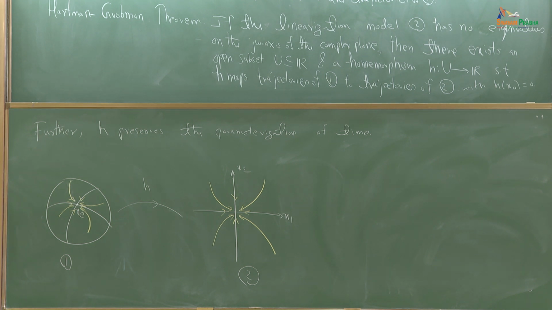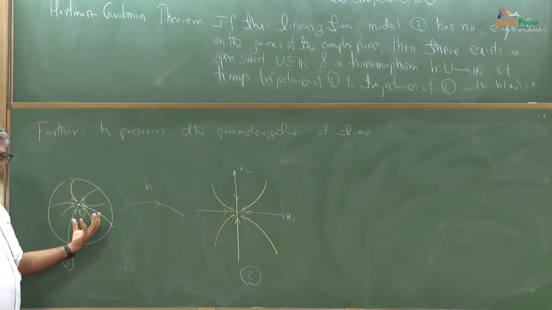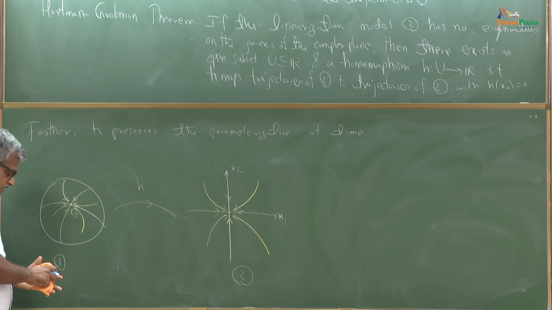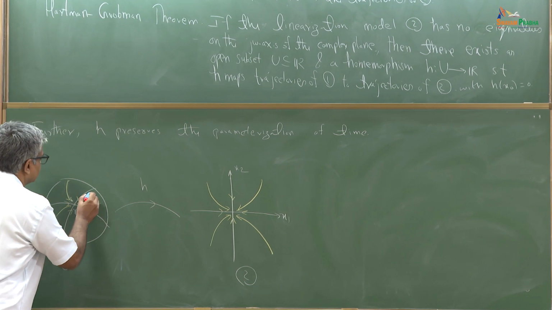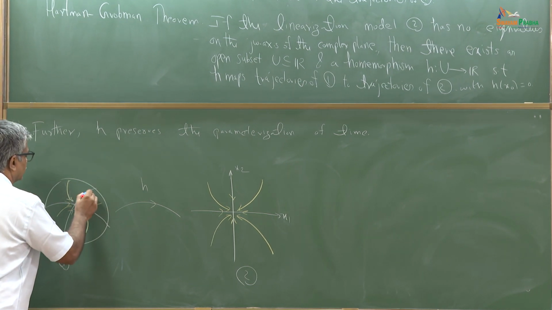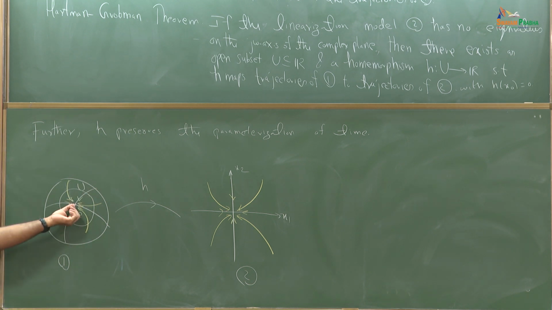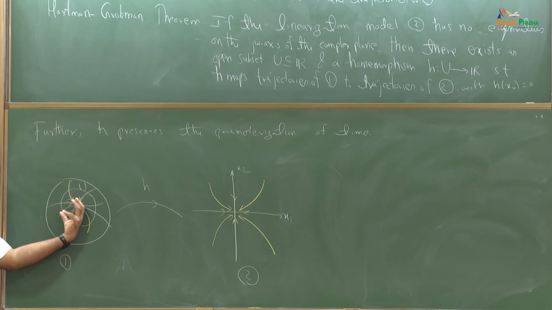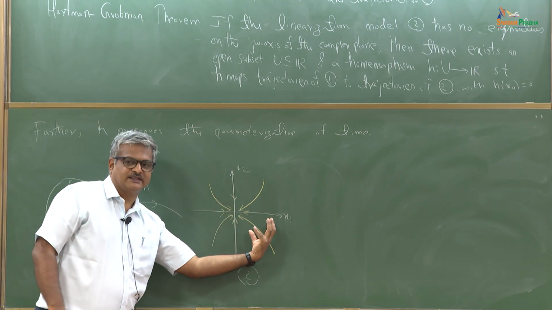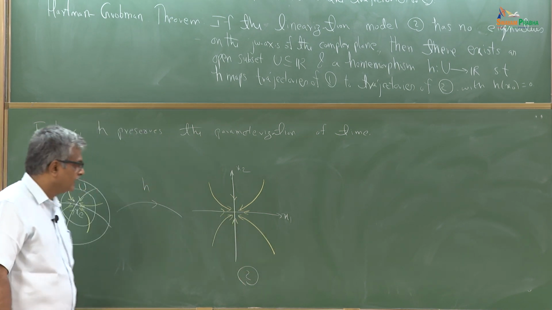As long as none of the eigenvalues are on the j omega axis, then there exists a homeomorphism. There exists an open set, say this open set U in the neighborhood of this equilibrium point, such that the trajectories of this nonlinear system are mapped to the trajectories of the linearized system, right?